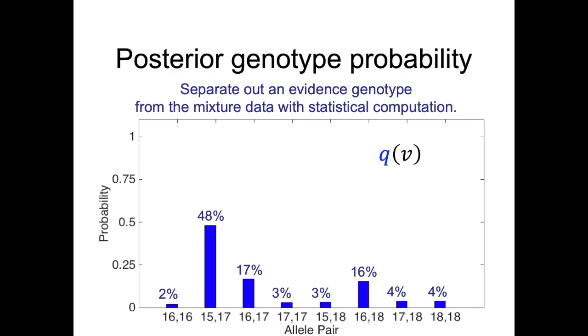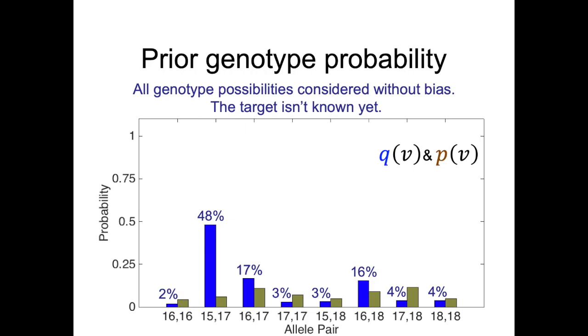The number on top of each of the bars in this bar chart gives the probability after having seen the data, the posterior genotype probability for this contributor at this genetic locus based on the mixture data. To calculate likelihood ratios, we also have to consider the prior genotype probability.